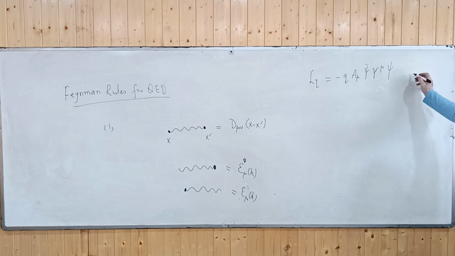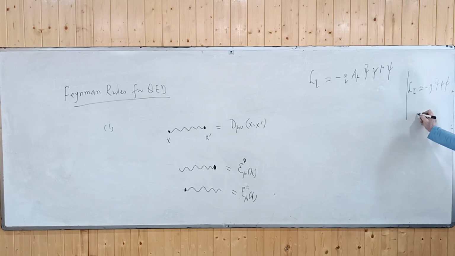Clear? If you remember the Yukawa interaction, it was minus g psi bar psi phi. You strip the Lagrangian of the fields, and whatever is remaining you put as a vertex factor.